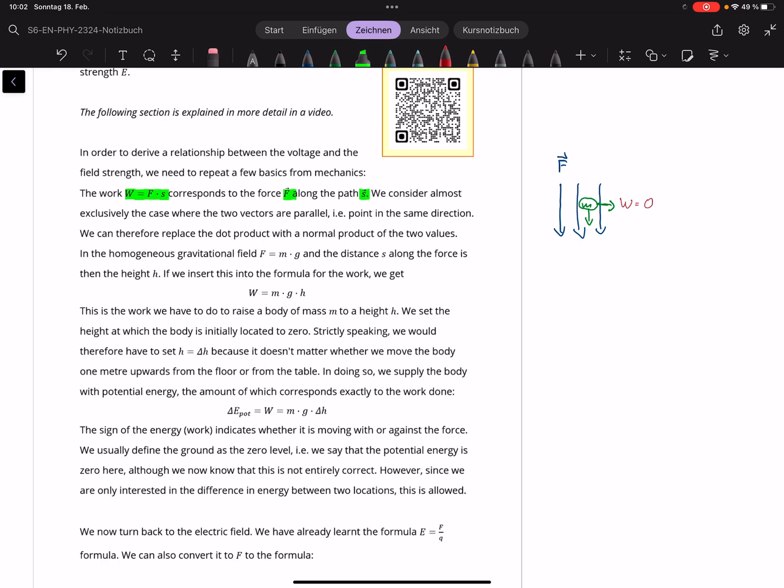Just to mention a special case where we actually need the dot product: for example, if we move it at a certain angle. Then we need the cosine or the dot product to calculate the amount, which is this one here.